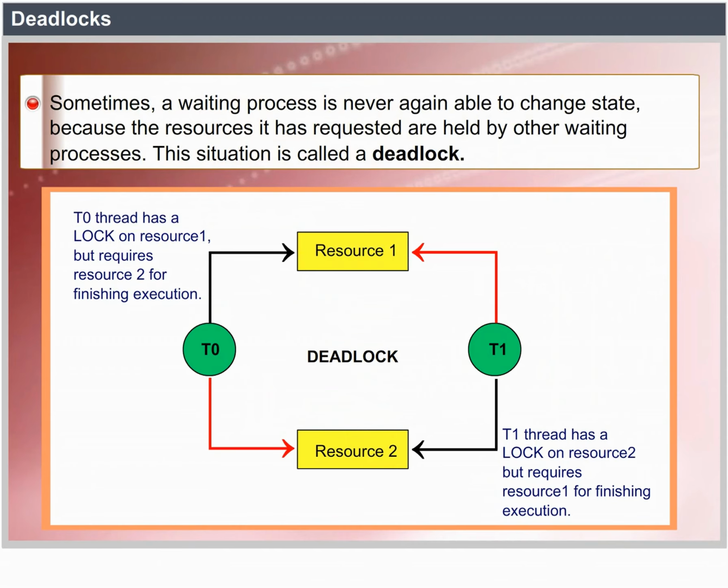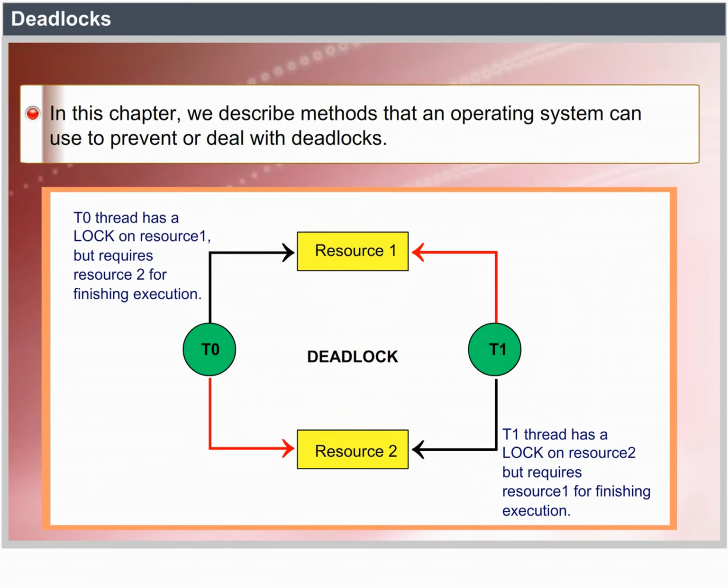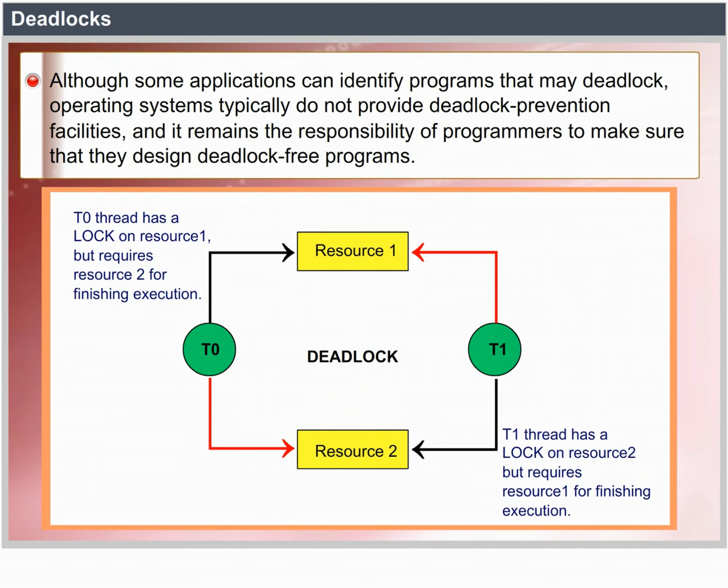This situation is called a deadlock. In this chapter, we describe methods that an operating system can use to prevent or deal with deadlocks. Although some applications can identify programs that may deadlock, operating systems typically do not provide deadlock-prevention facilities, and it remains the responsibility of programmers to ensure that they design deadlock-free programs.